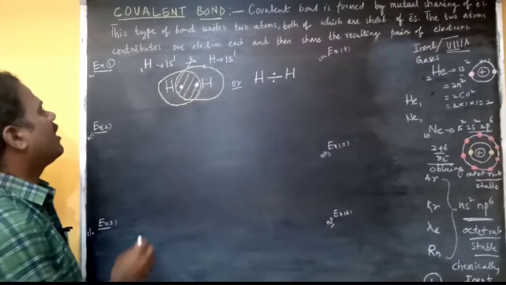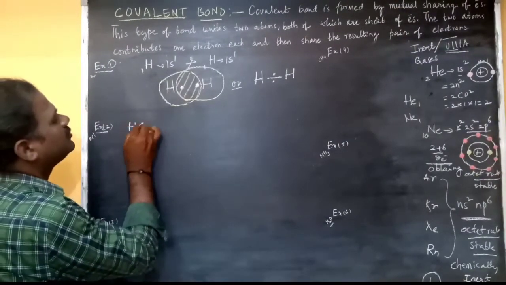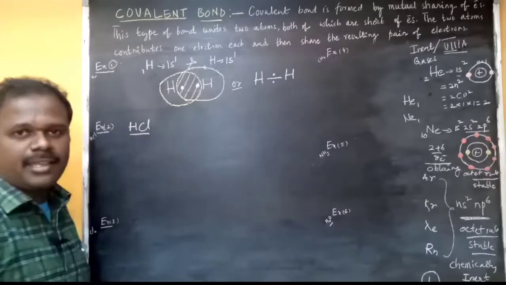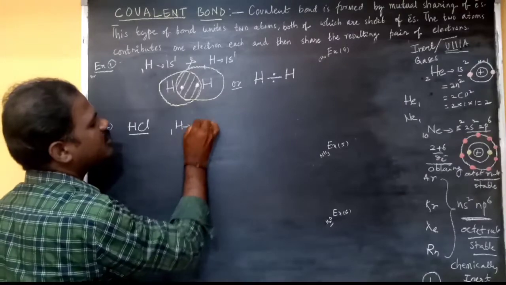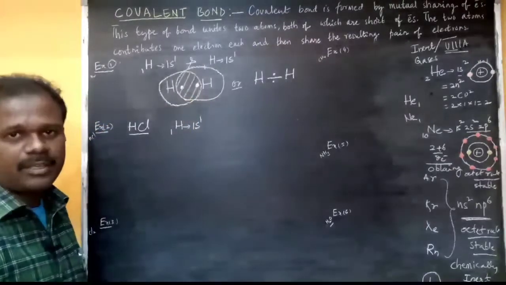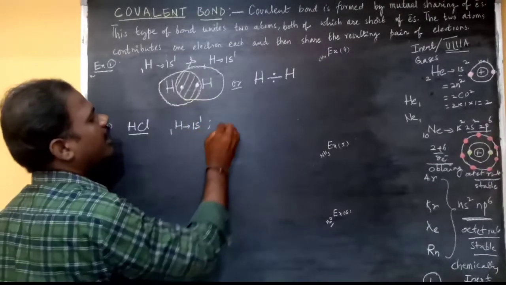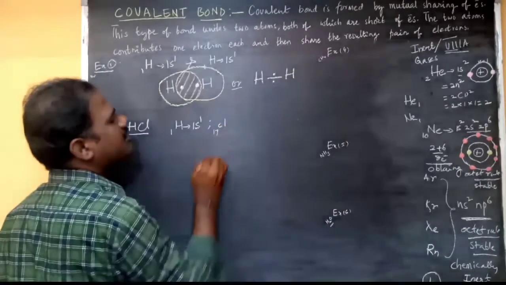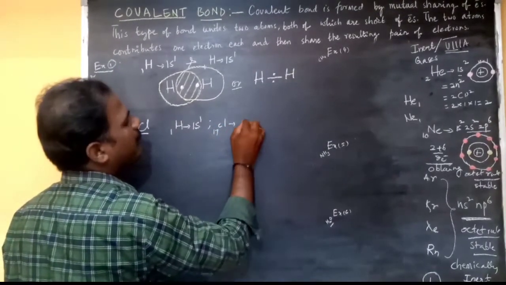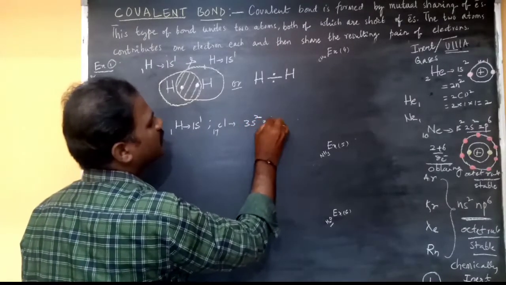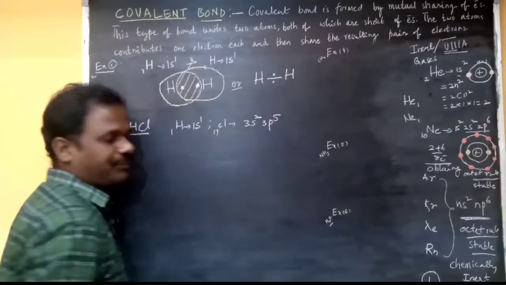Then our example is HCl. In this HCl, we have the hydrogen atom, with 1s1 as its electronic configuration, and chlorine, atomic number 17. We can write the valence electronic configuration only, that is 3s2 3p5.